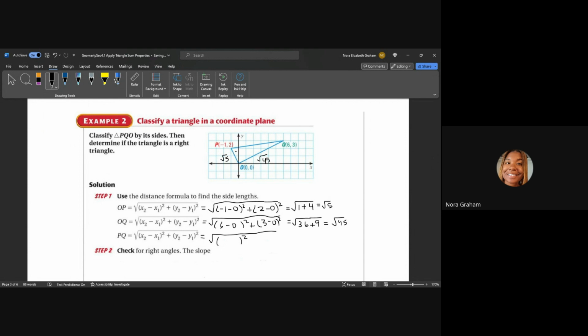So my x sub 2 in this case is going to be 6 minus -1. I do have to account for that negative. That minus is part of my formula. Okay, so let's write it like that. Now my y is 3 minus 2. And that's squared.